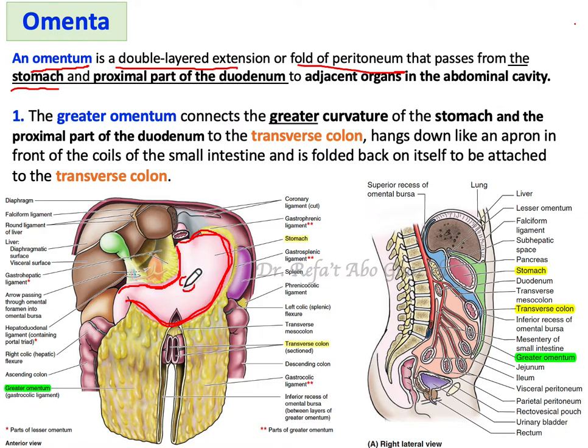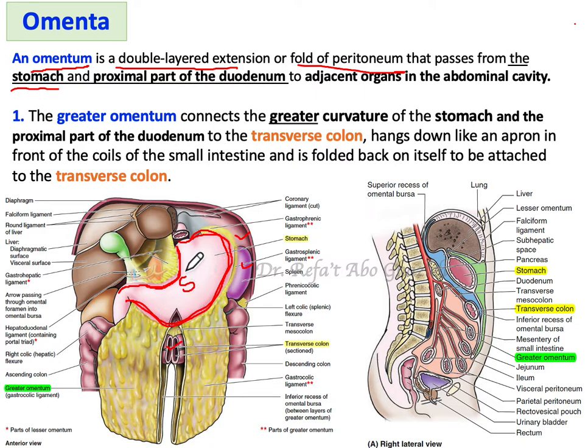So the omentum is a double layer of peritoneum that connects the stomach to neighboring structures such as the liver, gallbladder, diaphragm, spleen, and transverse colon.